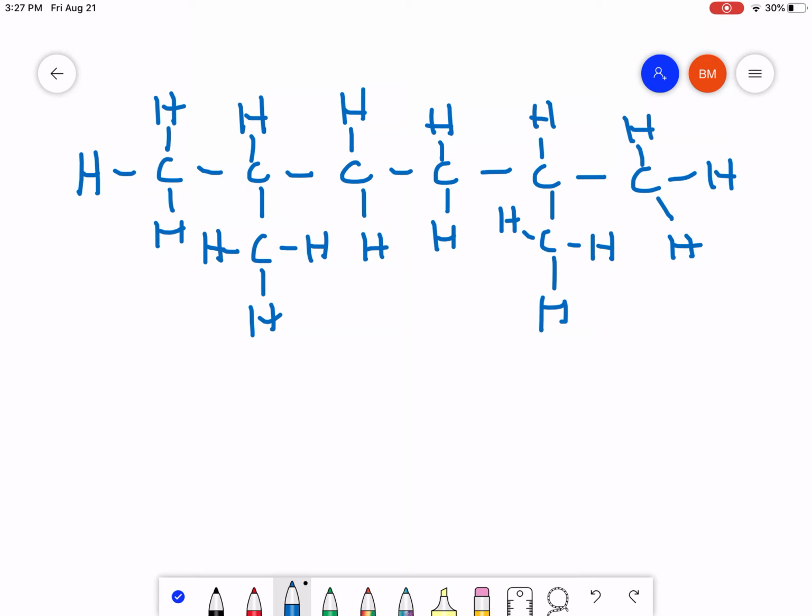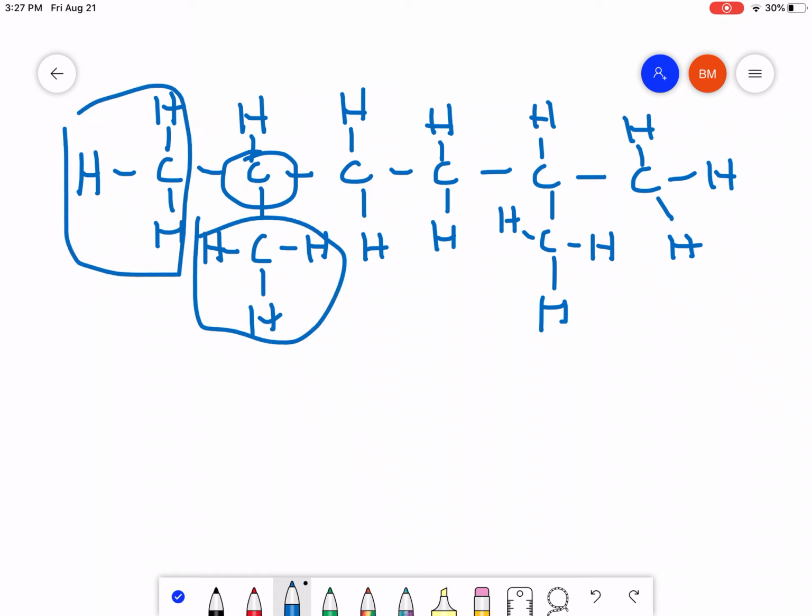Okay. All right, so if I look over here, I see I've got a carbon, and it's got 2 CH3 groups, so I'm just going to go ahead and represent that. I'm going to do it like this. CH3, 2, attached to CH, right?